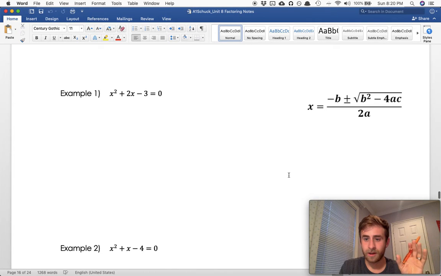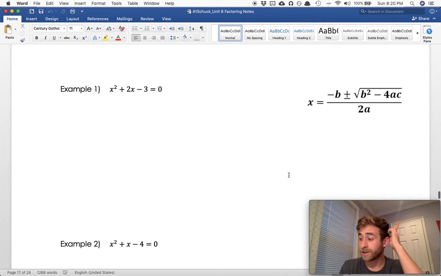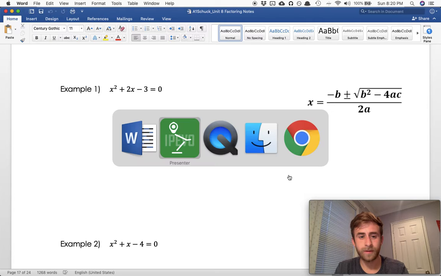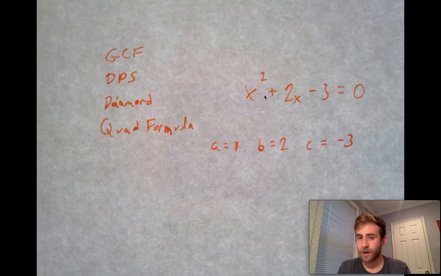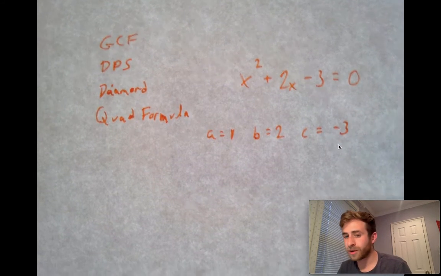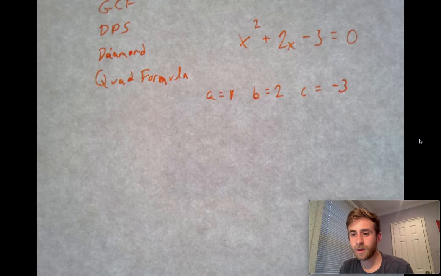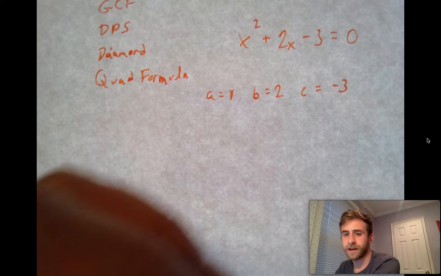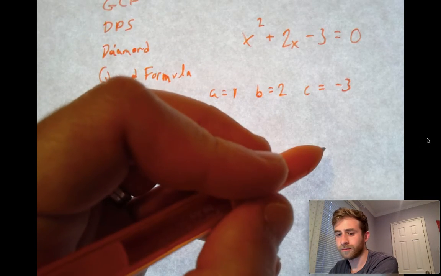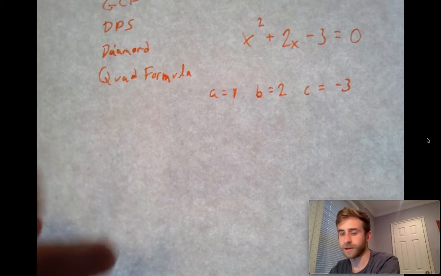So let's try it out, right? So example number 1, we've got x squared plus 2x minus 3 equals 0. a, b, and c we've already labeled out. I'm going to rewrite the formula over here just so that we have room over here to do the work.